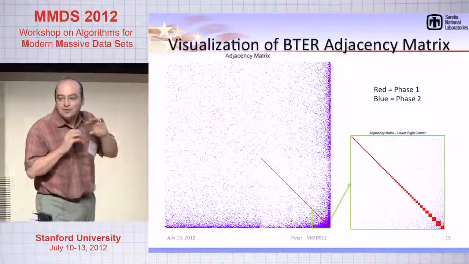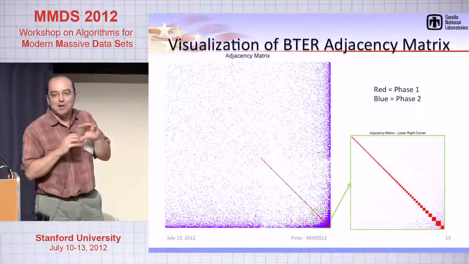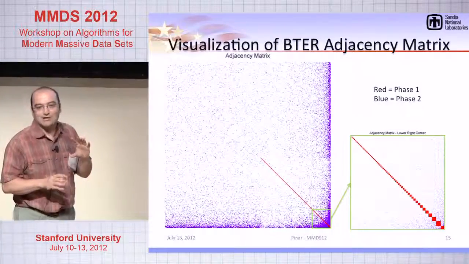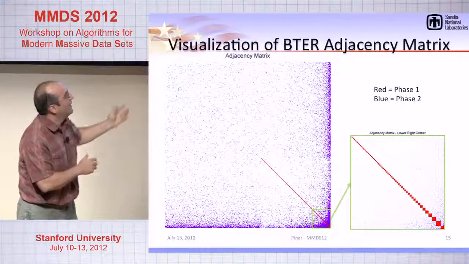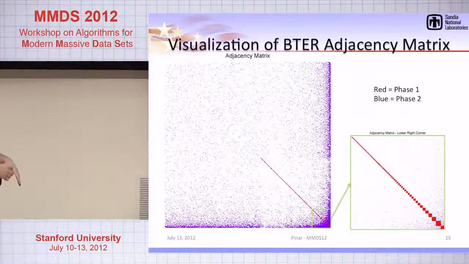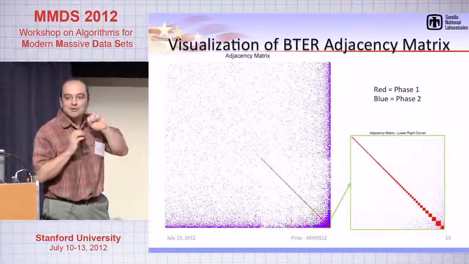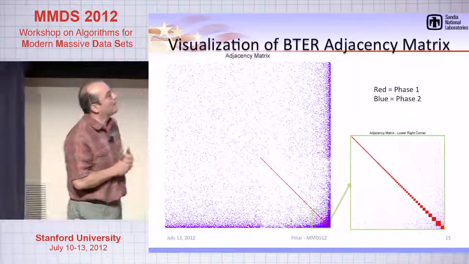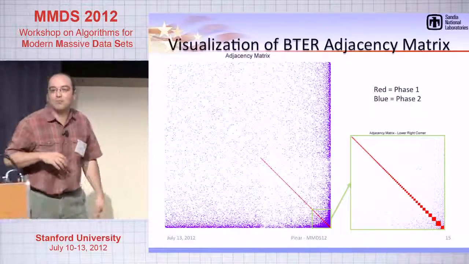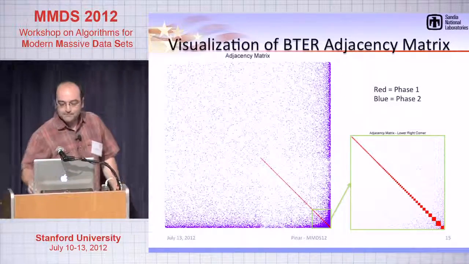So it's a very small portion of the graph, and these blocks are extremely small, and they should be. If you amplify it, you see the repeated structure. They're right on the diagonal, but they form a very small part of the graph. Most of the graph is formed in phase 2.